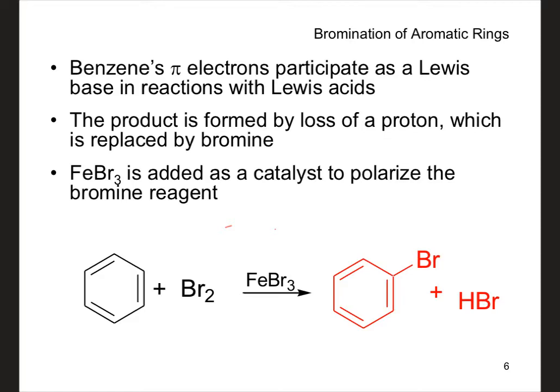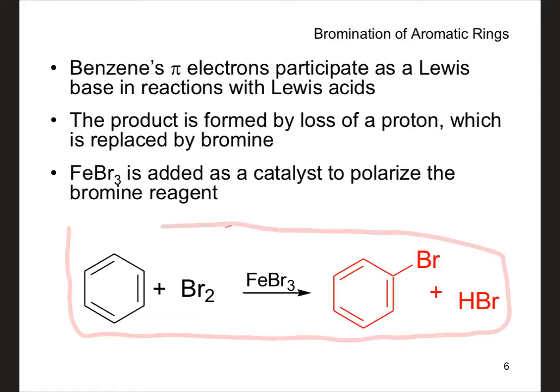Your overall reaction is shown very nicely over here, where we have shown you benzene reacting with bromine in the presence of FeBr3. That is your catalyst, your Lewis acid catalyst, which is going to polarize your bromine, and the final reaction will take place, and bromobenzene is born.